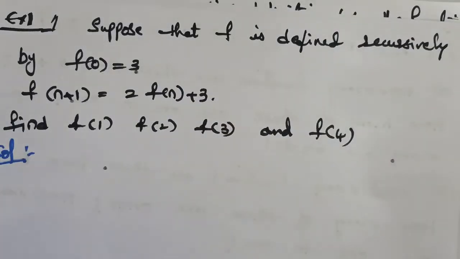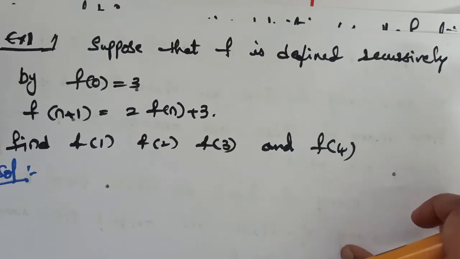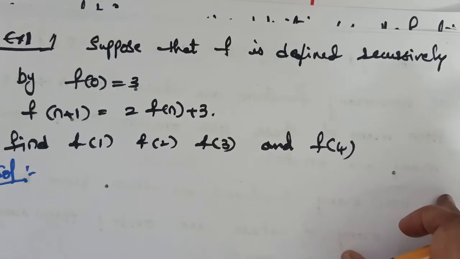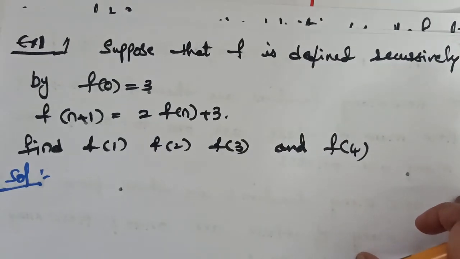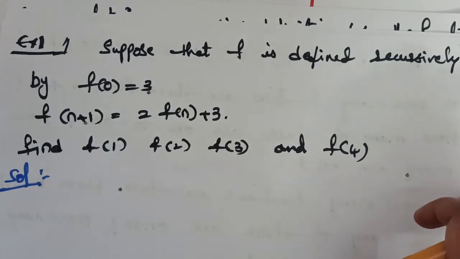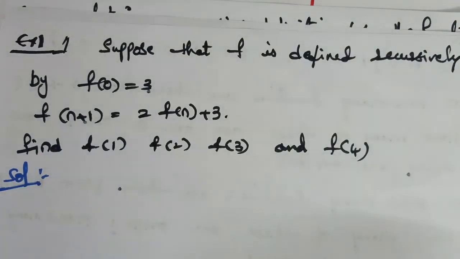Let me discuss the first example. Suppose that f is defined recursively by f of 0 is 3, f of n plus 1 is equal to 2 into f of n plus 3. Find f of 1, f of 2, f of 3 and f of 4.